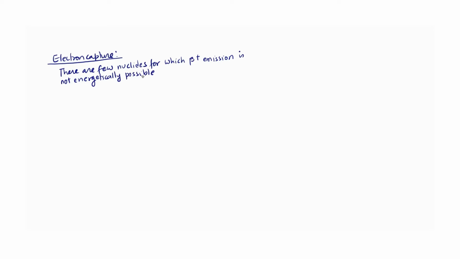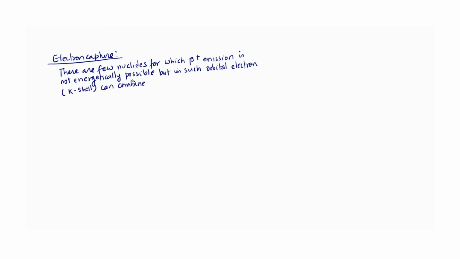So we have this, but in such nuclides, the orbital electron, that is the electron in K shell, usually can combine.